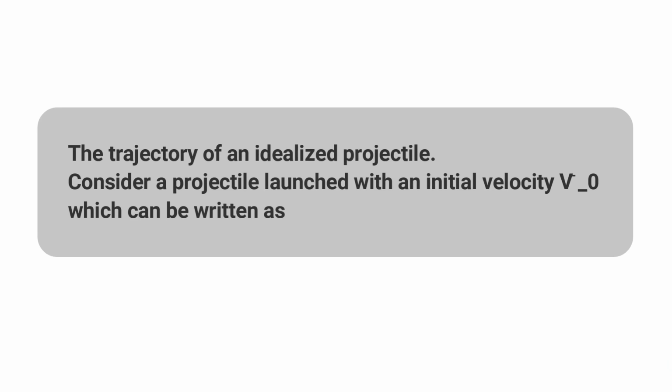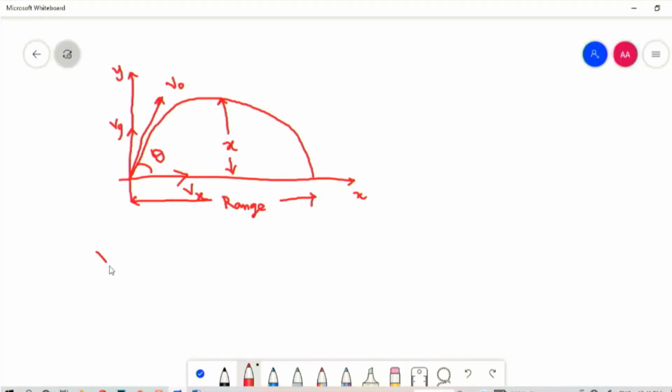The trajectory of an idealized projectile. We consider a projectile launched with an initial velocity v naught, which can be written as v naught is equal to the square root of vx square plus vy square.